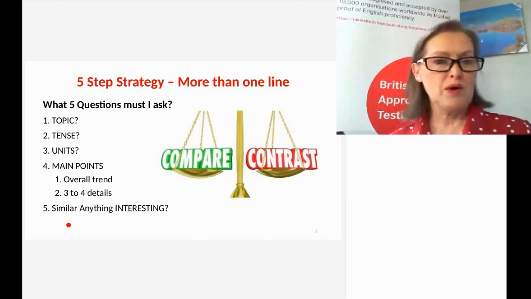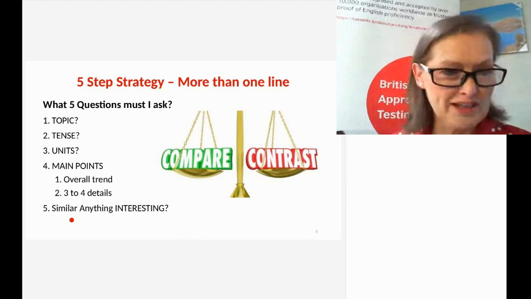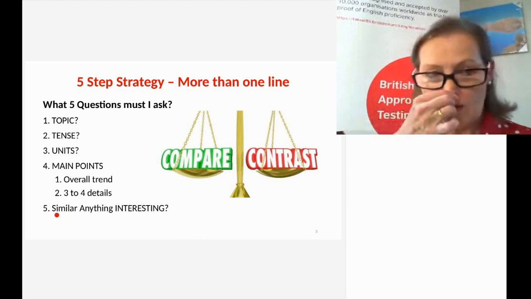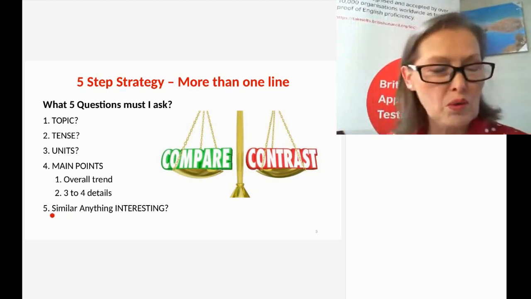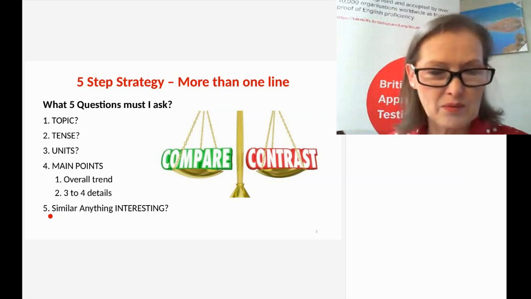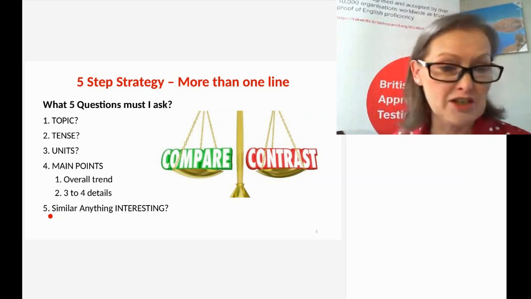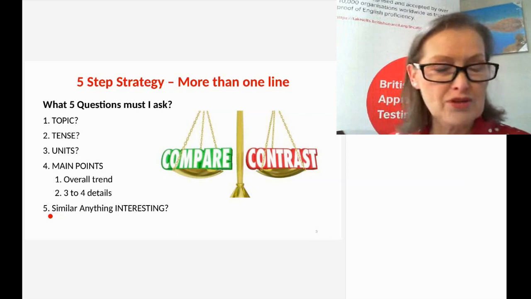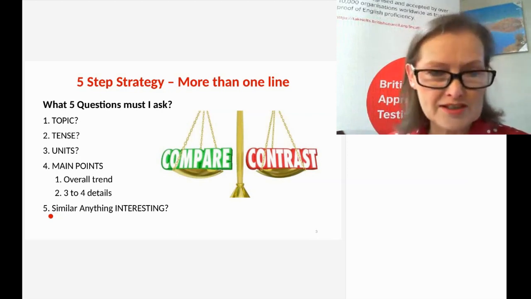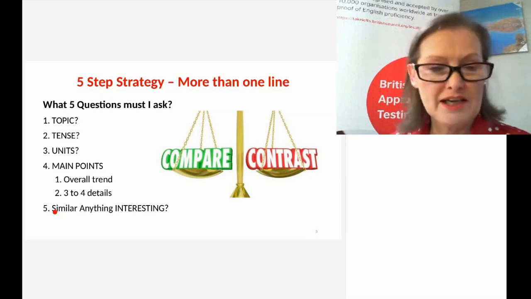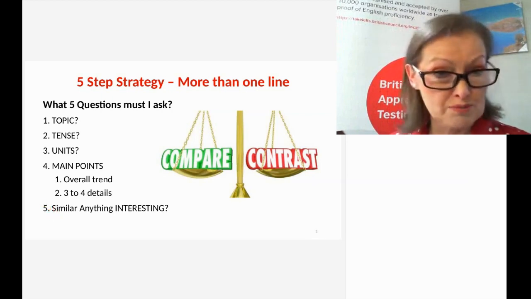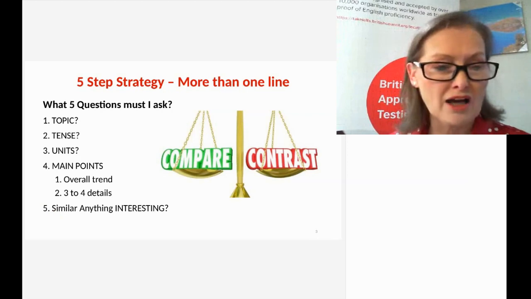Question number 1, what's the topic? Question number 2, what's the tense? What tense must I use? Question number 3, what are the units? Now these I need to interpret accurately in order to get my full task response mark.